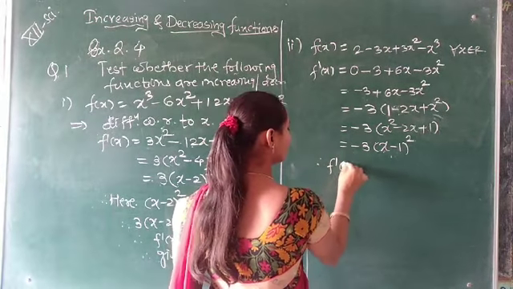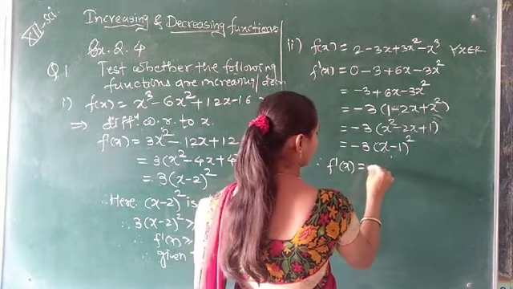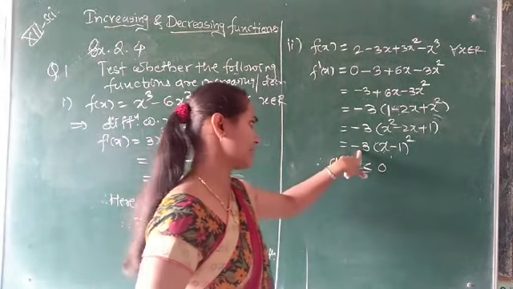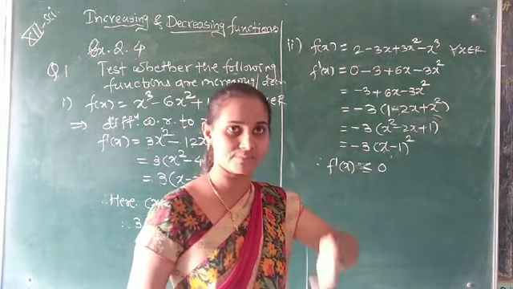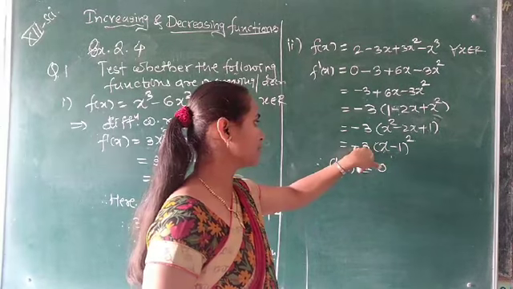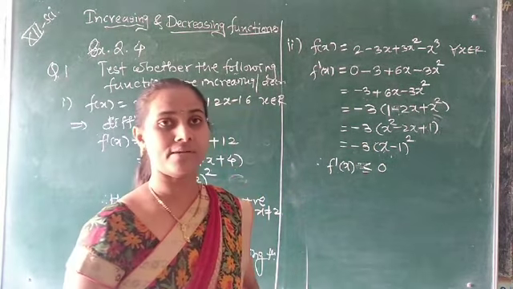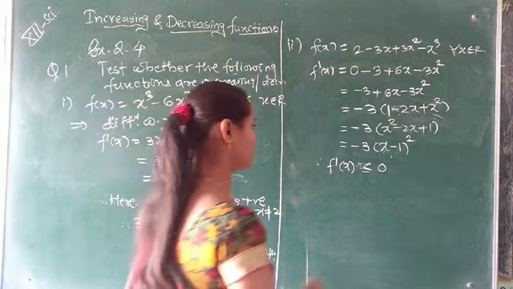Therefore, f dash of x is less than or equal to 0 because of this minus sign. This is a square, so it is always positive, but because of this minus sign, the derivative becomes negative. So here f dash of x is less than or equal to 0.